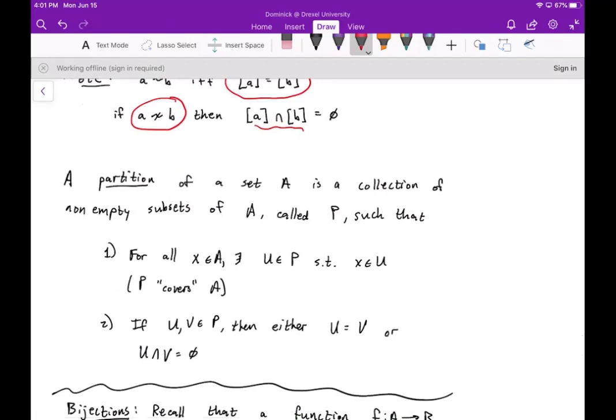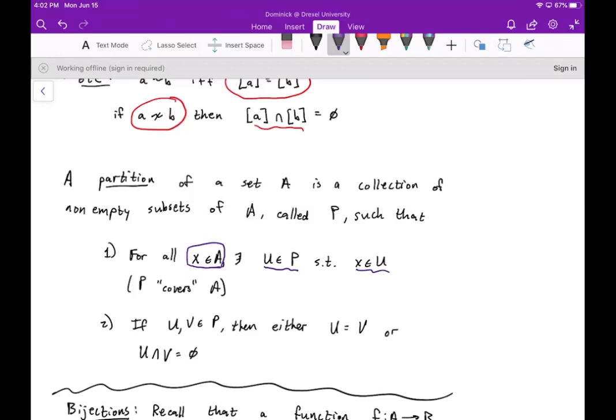Okay. Now, one final definition in regards to relations is that we say that a partition of a set A is a collection of non-empty subsets of A, which we'll call P, such that for any X in A, there exists some U in your partition such that X is in U. This is usually said as P covers A, which basically means that you don't leave anything out.